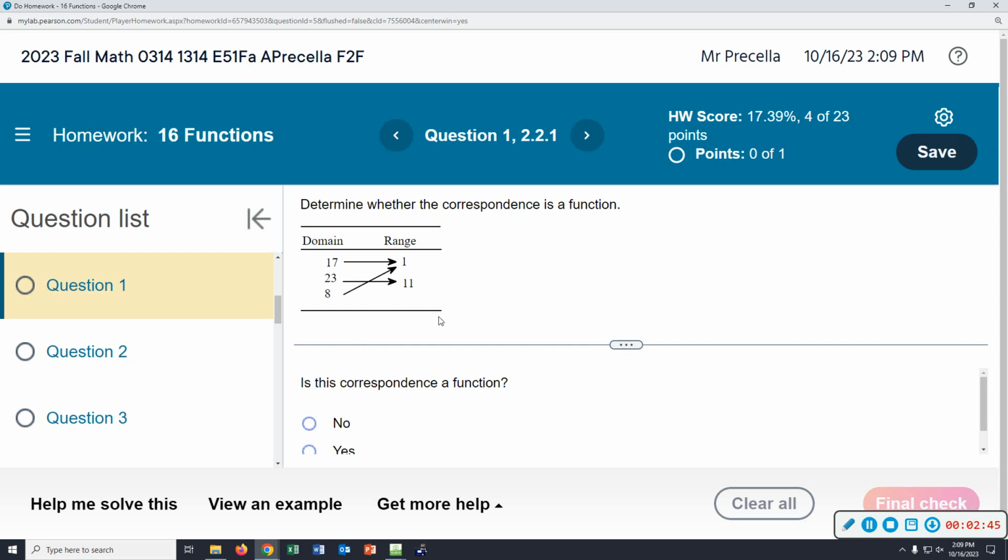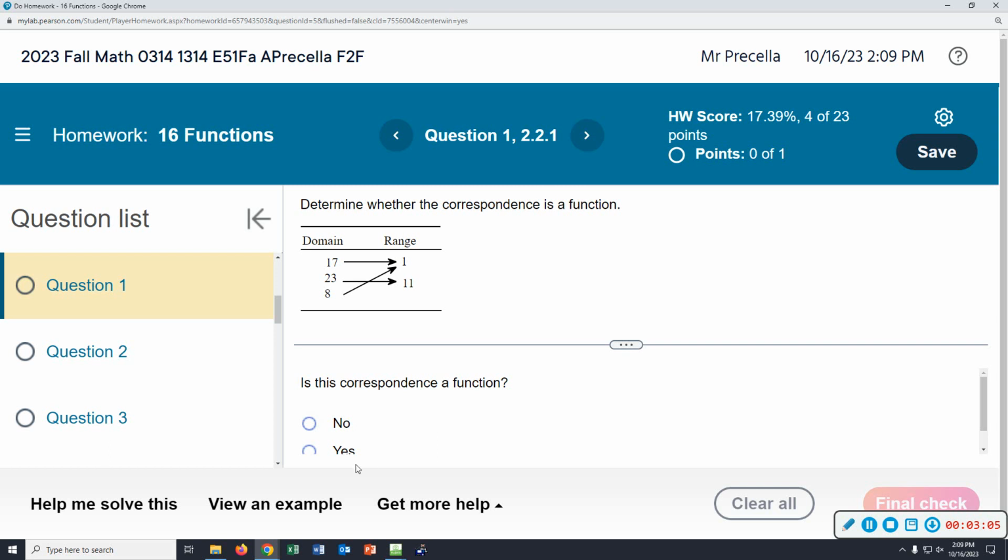What's 8 being assigned to? 1. With a function, each x value can only be assigned one y value. So how many numbers is 17 being assigned?